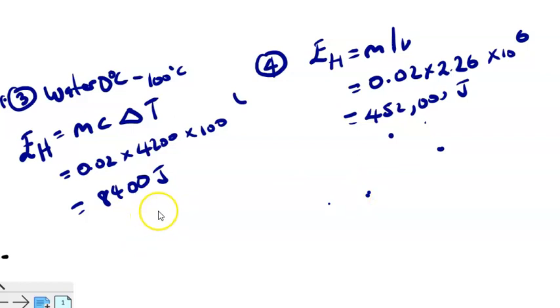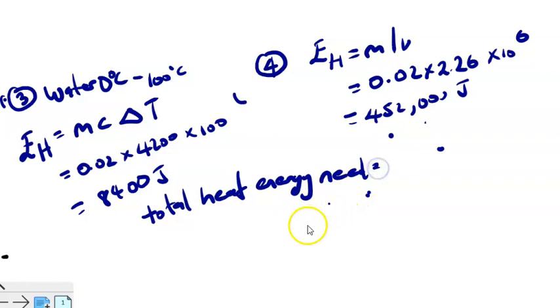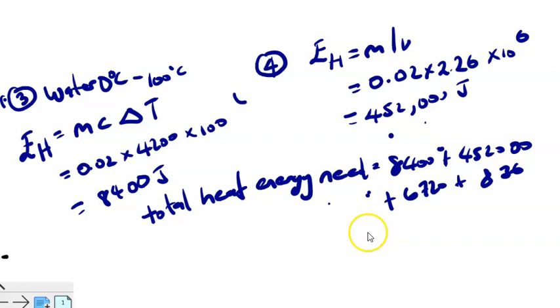Now, the question asks us for the total heat energy needed. So let's answer the question. The total heat energy needed would be equal to, we add up all those. Right now we have these in front of us. Give me a second, I'll bring up the rest. Alright, so we'll bring up the other two from previously.